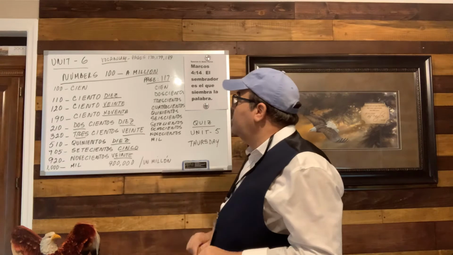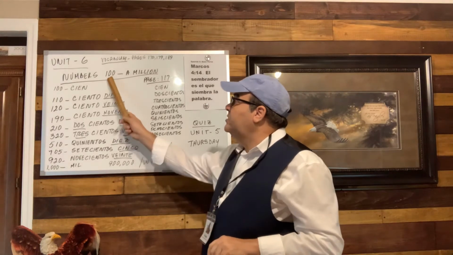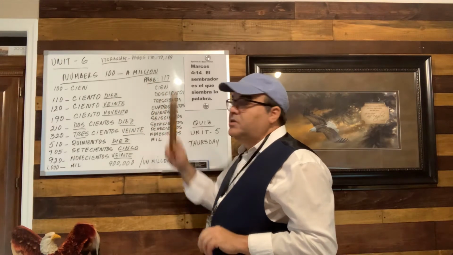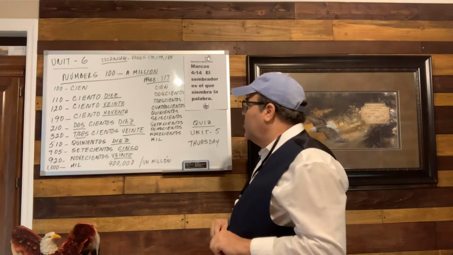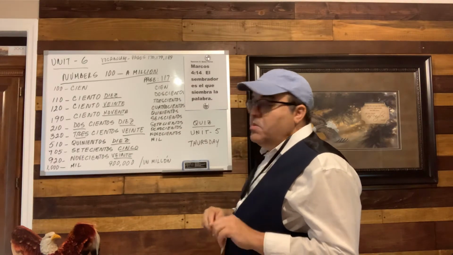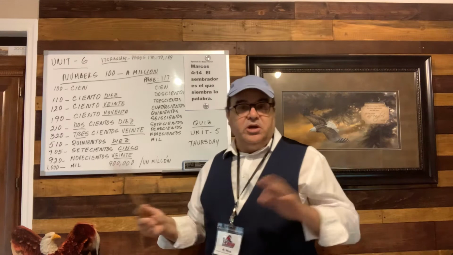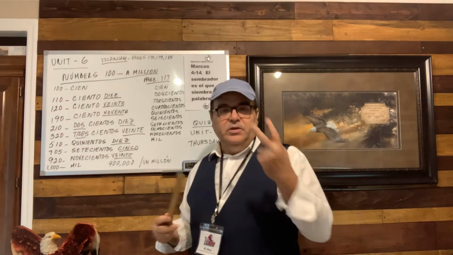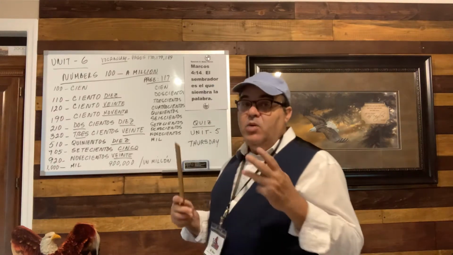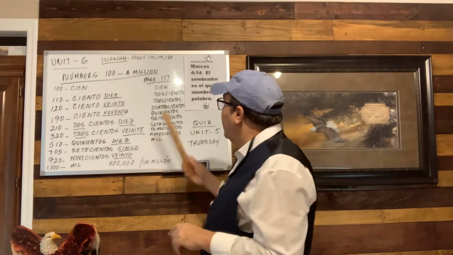So today we're going to talk about numbers 100 to a million on page 117. Remember what we said about two-digit numbers; now we're going to have three-digit numbers, like hundreds.